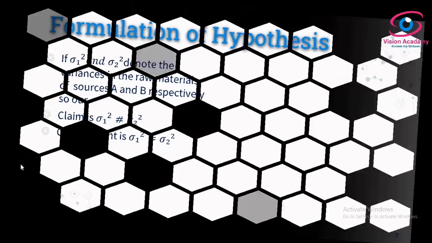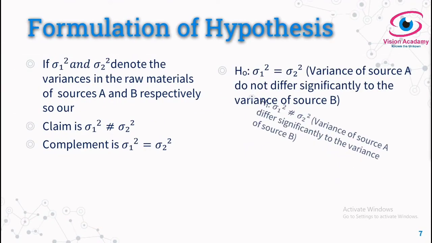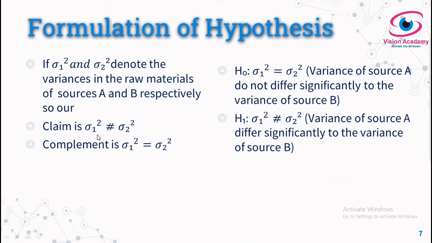See here, this is our claim: the variance of population 1 is not equal to the variance of population 2. Since we are rejecting the alternative hypothesis, we are rejecting our claim and accepting our null hypothesis, which means the variance of source A does not differ significantly from the variance of source B.